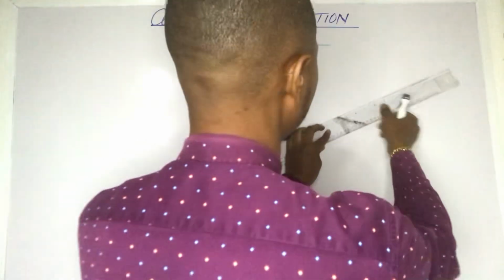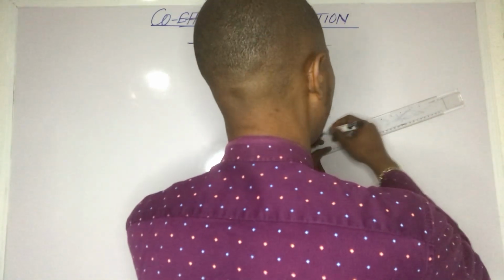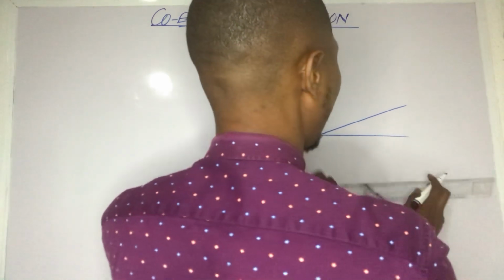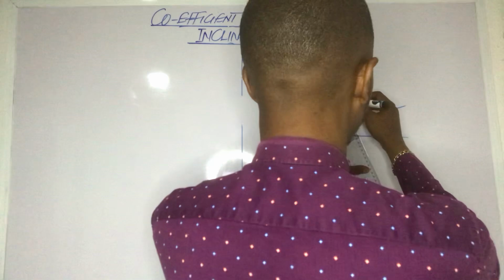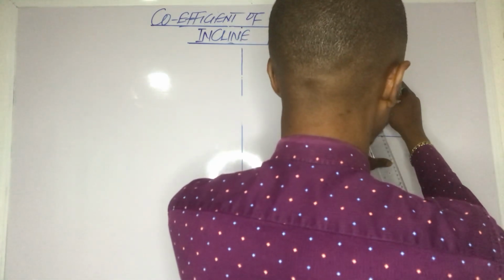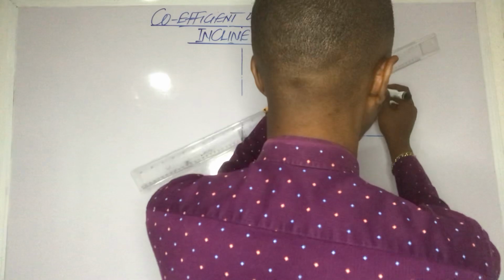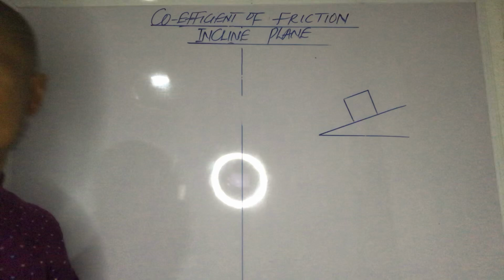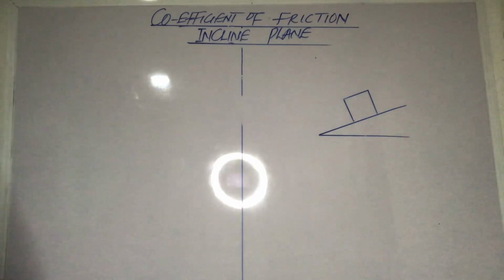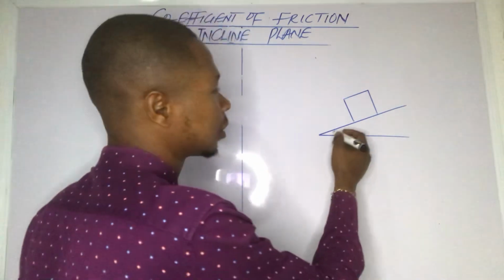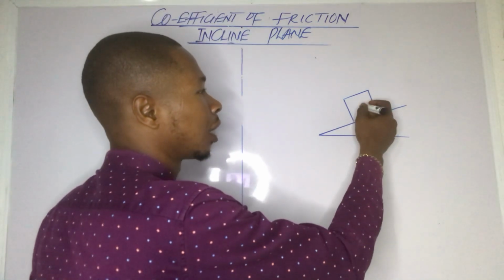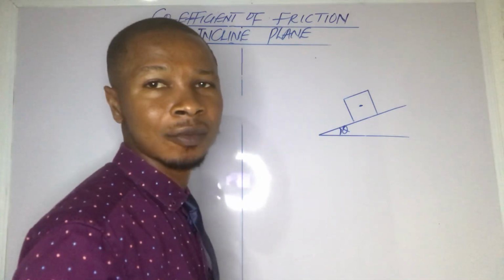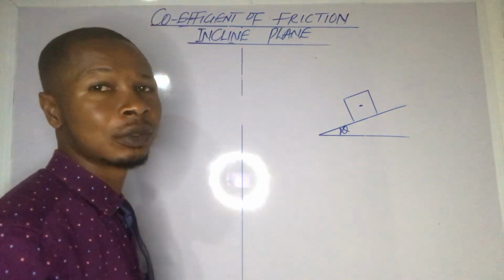So there is an inclined plane. This is a body acting on an inclined plane at an angle of theta to the horizontal. What are the forces that will be acting on this body?